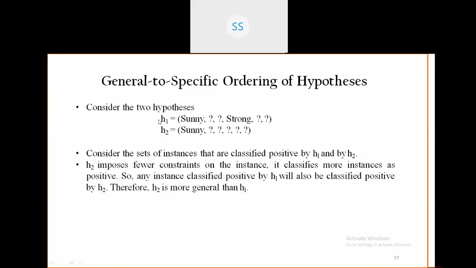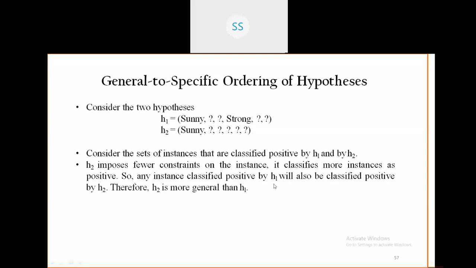That's why if an instance is identified as positive by H1, that is hypothesis 1, then H2 is obviously going to make it positive as well. H2 imposes fewer constraints on the instance, so that's why it is a generic hypothesis. It classifies more instances as positive.